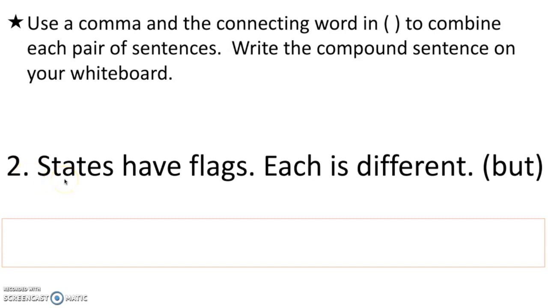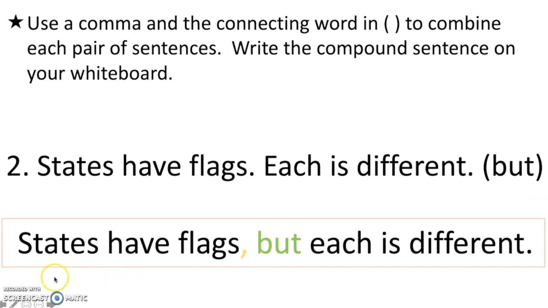So now, again, pause this video so that you can create a compound sentence using these two sentences here, adding a comma, and using the word in parentheses, which is but. Okay, you should have written something like this. States have flags, comma, but each is different.